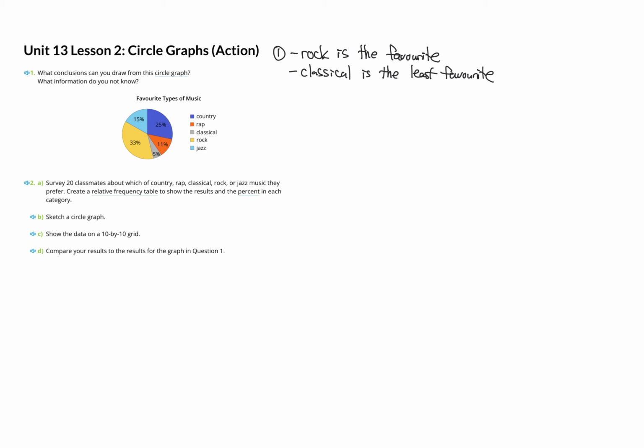What else do I notice? Well, this orange one, which is rap, and country, when I compare the two, it looks like country is about twice as popular as rap, because this rap wedge looks to be about half the size of this wedge, and that's about correct when I'm looking at the percentages.